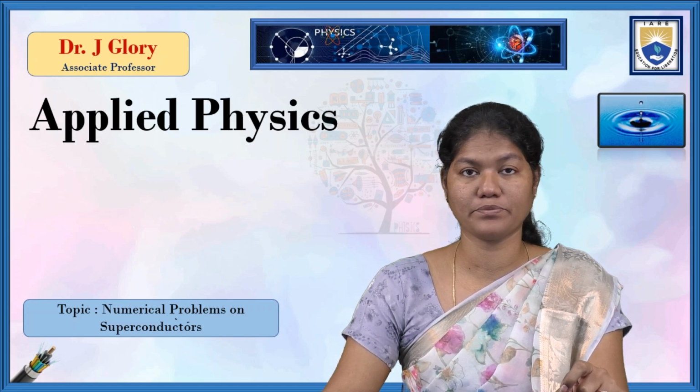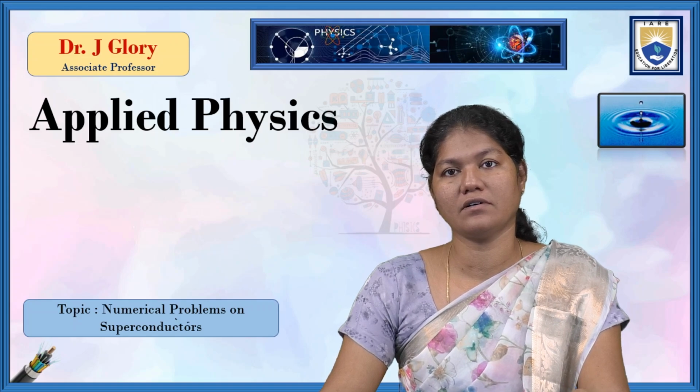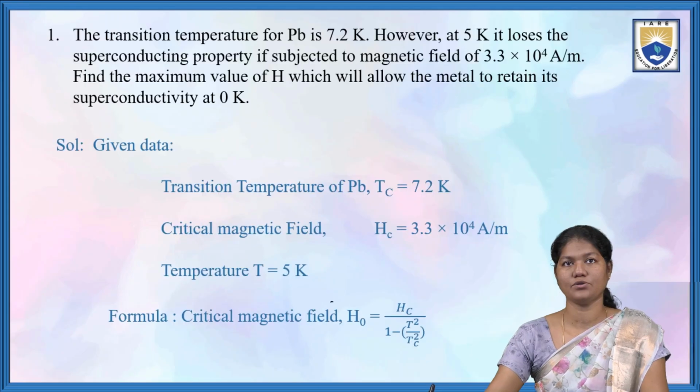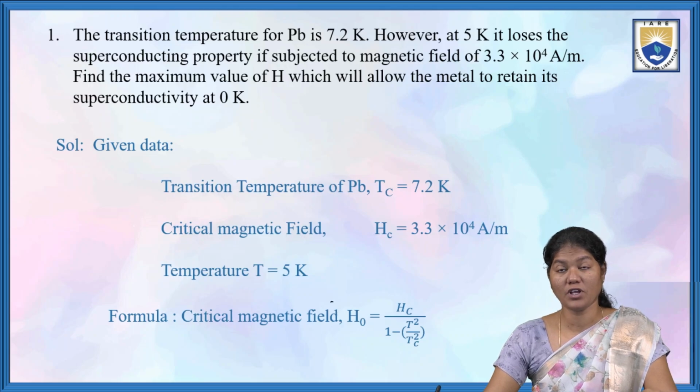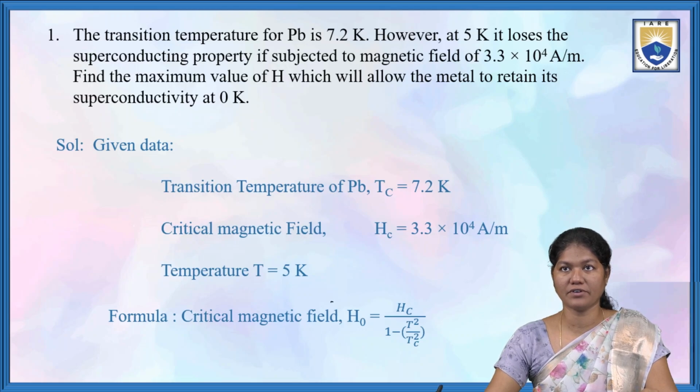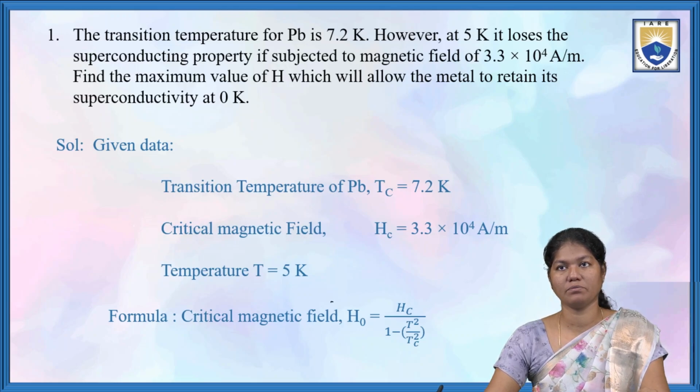Today, we shall solve some problems in superconductors. The problem: the transition temperature for lead is 7.2 degree Kelvin. However, at 5 degree Kelvin, it loses the superconducting property if subjected to a magnetic field of 3.3 into 10 power 4 ampere per meter.